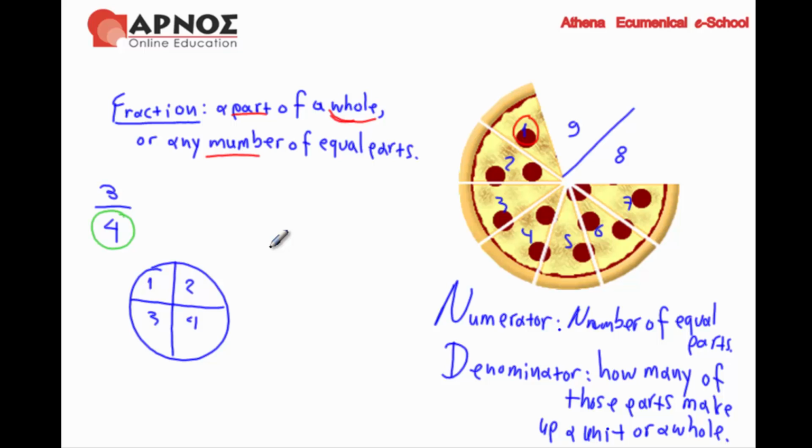From that cake, we have used 3 parts, 1, 2, 3. So we have used 3 parts of a cake, where the whole cake consists of 4 parts. This is the fraction with numerator 3 and denominator 4.